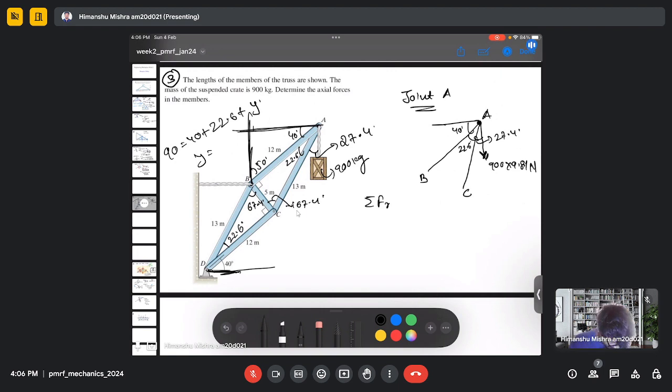So let's balance the force in the x direction.